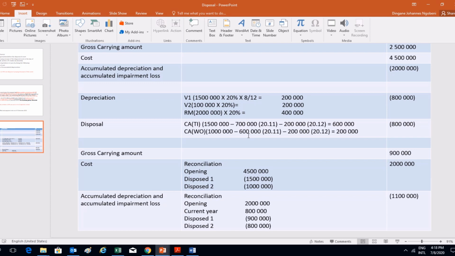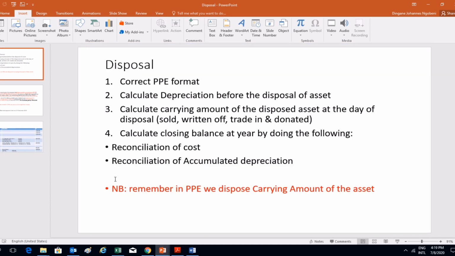It's 600 plus 200, and it gives me how much? 800. Then 2 million plus 800 gives me 2.8. I must less 1.7. Then I'm left with how much? 1.1 million. Therefore, my gross carrying amount will be how much? 2 million less 1.1 million. Then I'll get 900,000.